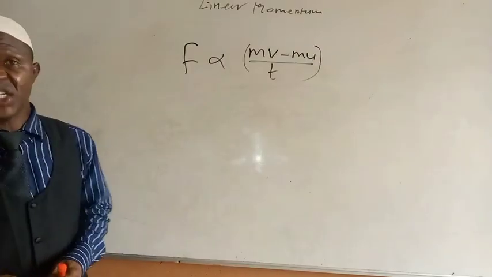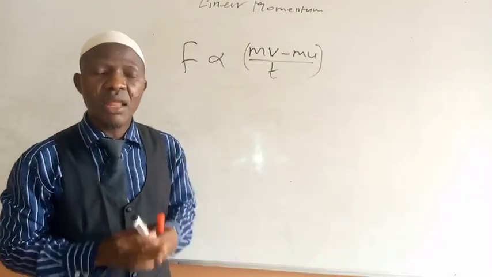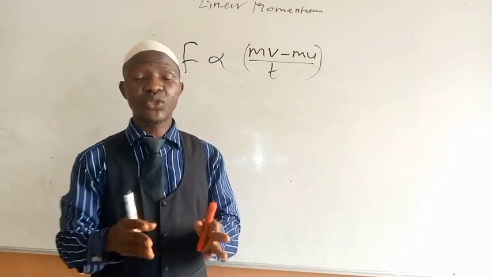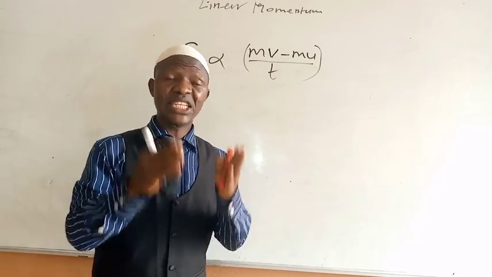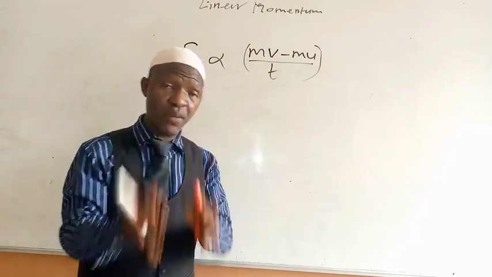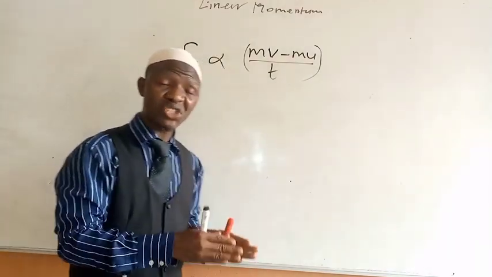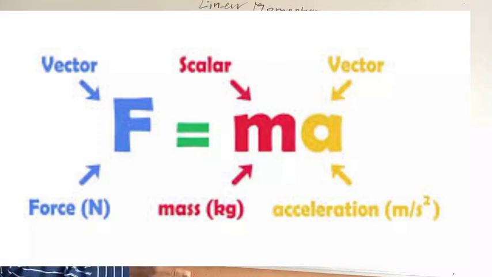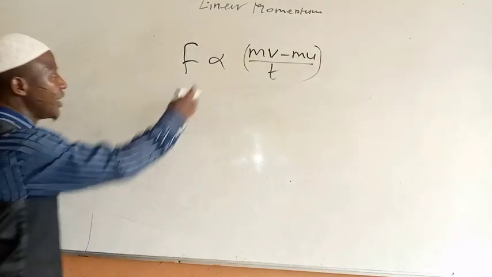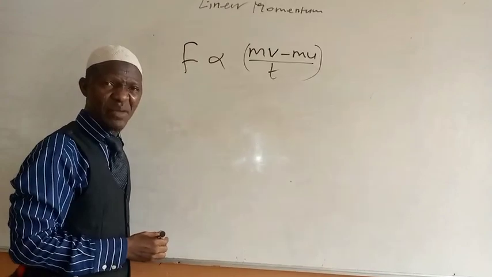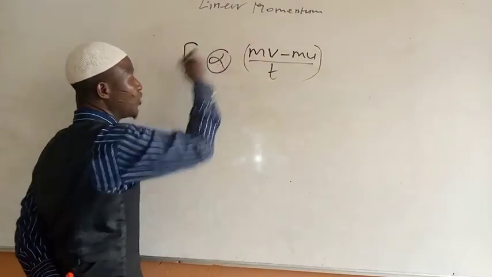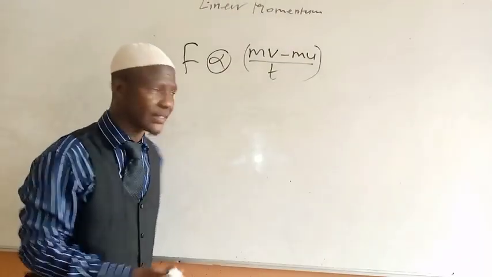So we are going to use this law to get two things. The first is to prove that momentum has the same dimension as impulse, that it is equal to impulse. And as well, we are going to use it to prove that force is equal to mass times acceleration. Now let's go. Like we normally do in mathematics, when you remove the variation sign, you replace it with equal to and a constant.